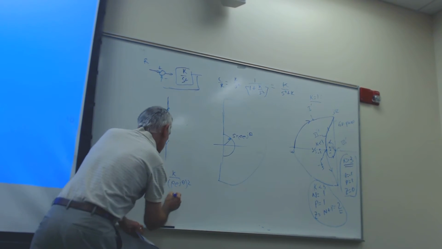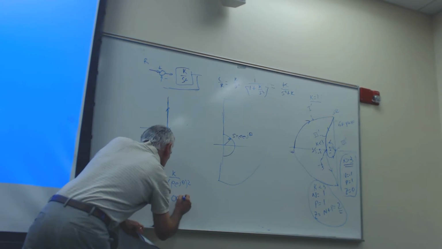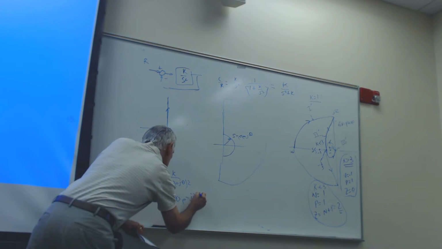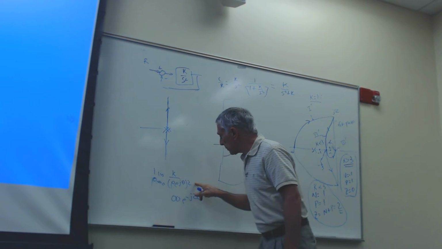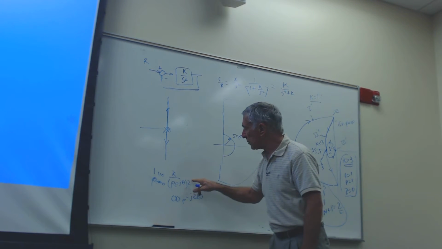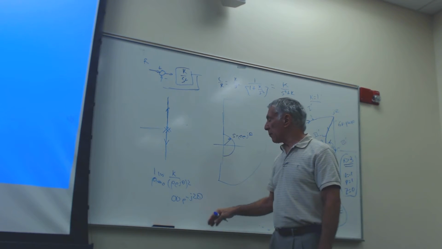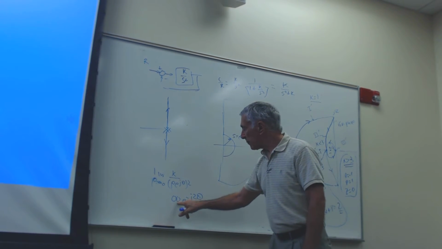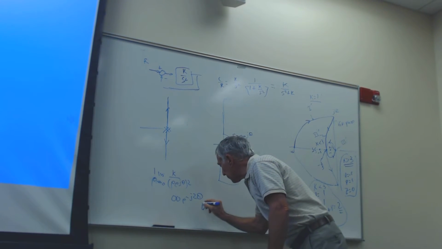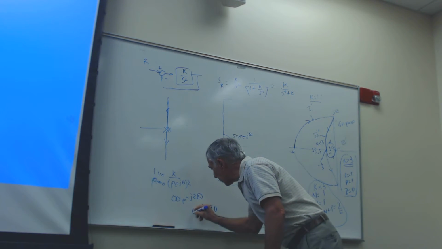What that is, is infinity e to the minus j2 theta. And the reason for the minus 2 theta is that this is a square, right? So you get j2 theta. Bring it up into the numerator, it becomes e to the minus j2 theta. So you've got infinity angle minus 2 theta, where again theta varies between 0 and 90 degrees.